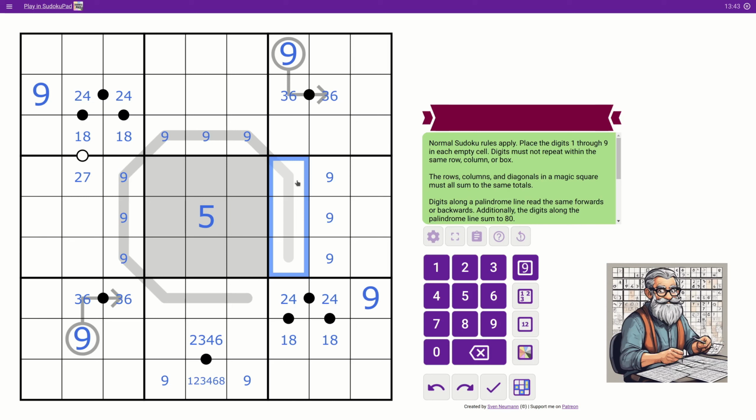Is that it? Is that as good as it gets? We still have no more info about this magic box. 2, 7, 1, 8 doesn't help.